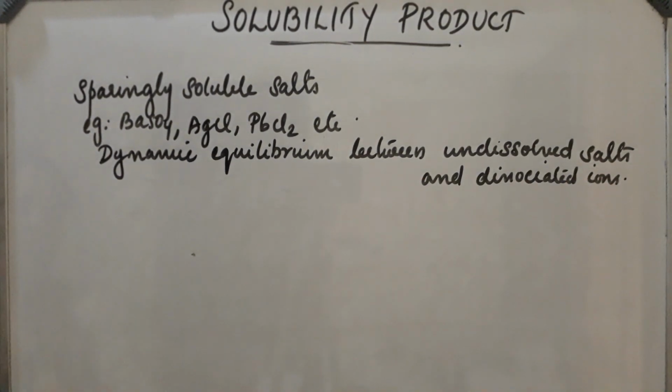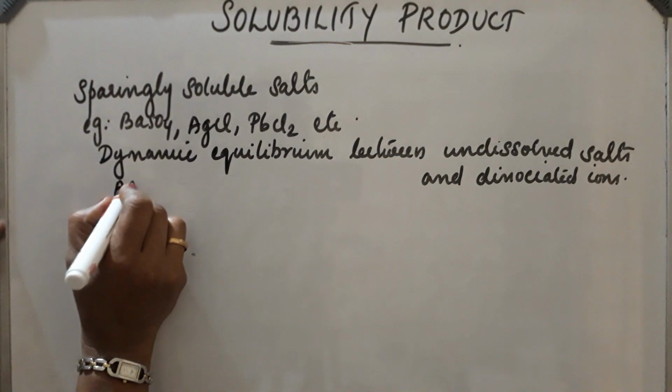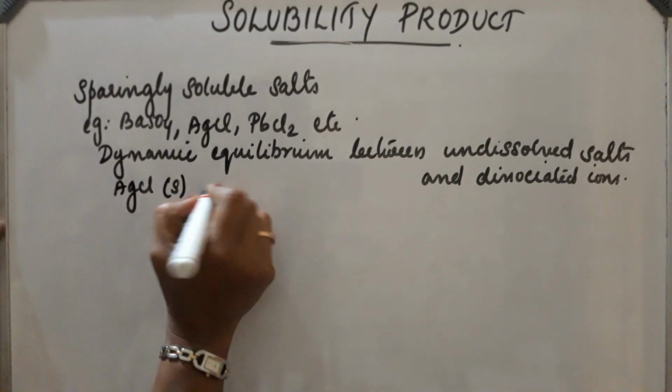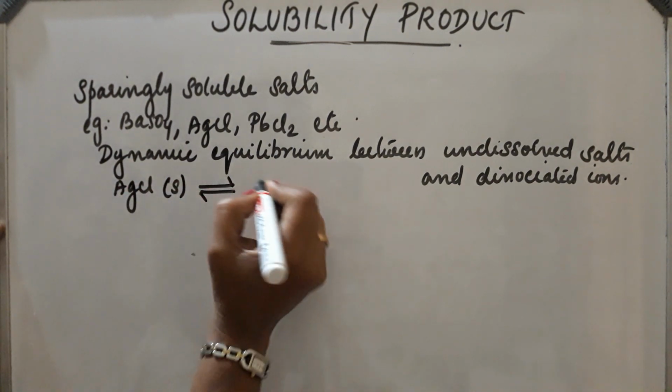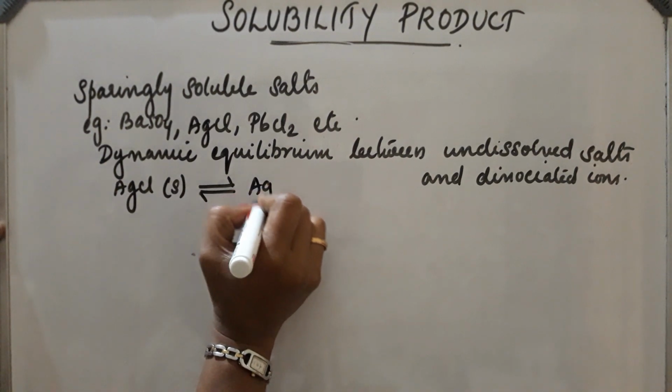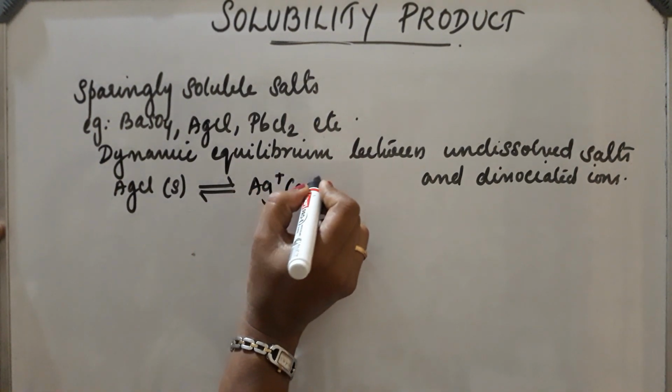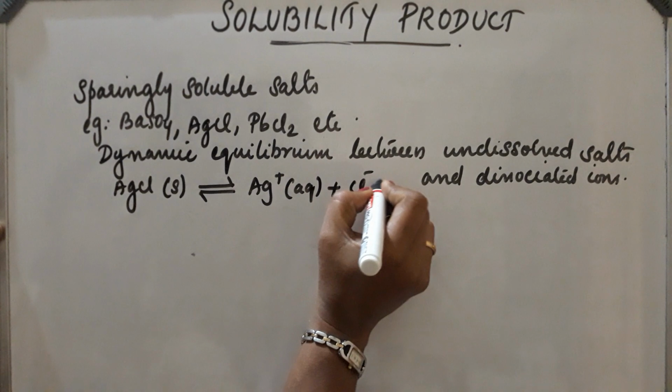Now, take an example: in the case of AgCl solid, equilibrium is established between the ions Ag+ and Cl-.